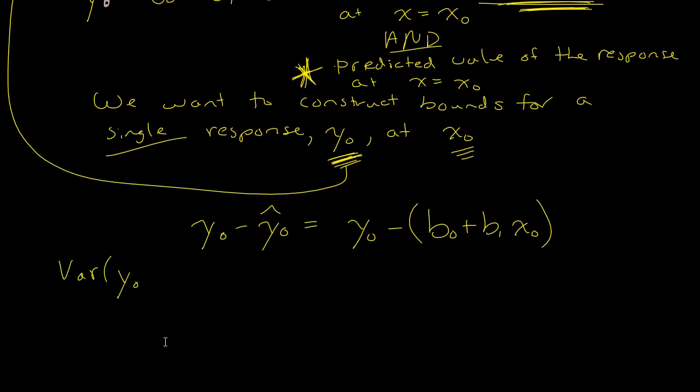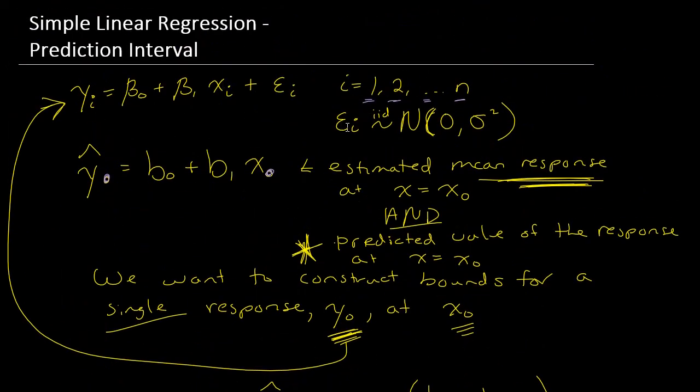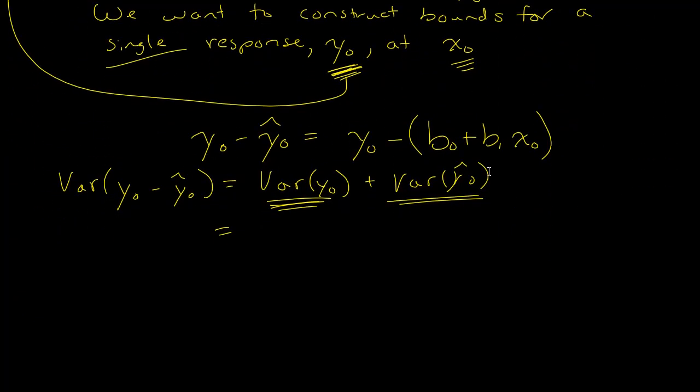the variance of y naught minus y hat naught, this will equal the variance of y naught plus the variance of y hat naught, which we calculated in our previous video for the confidence interval. We found what that is. And this variance of y naught, because we're using this assumption here that the model errors are normally distributed with variance sigma squared, and all this other stuff up front is constant, so y is also normally distributed with the variance of sigma squared. Okay, so this is sigma squared.